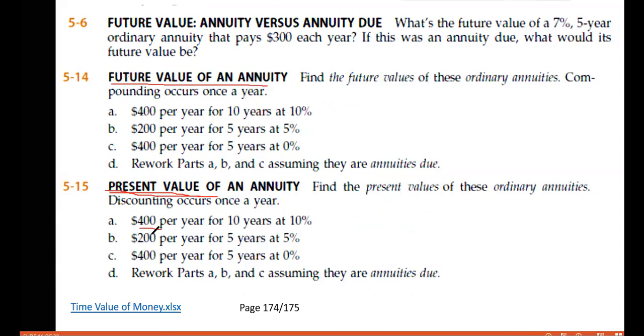That is PMT is 400, 200 and 400 in part A, B, C respectively. Then we have 10 years at the rate 10%, 5 years at the rate 5%, 5 years at the rate 0%, and the annuities due. You will have to calculate ordinary as well as due.